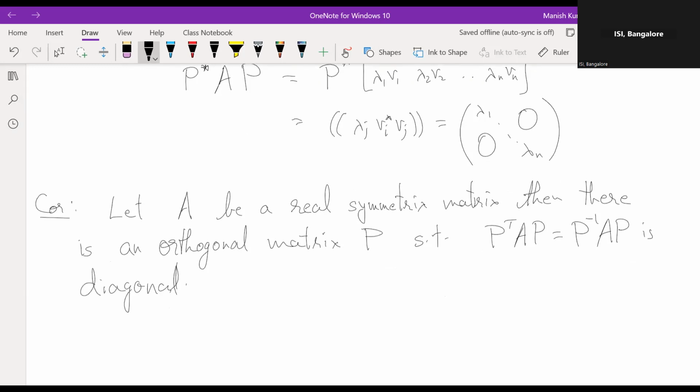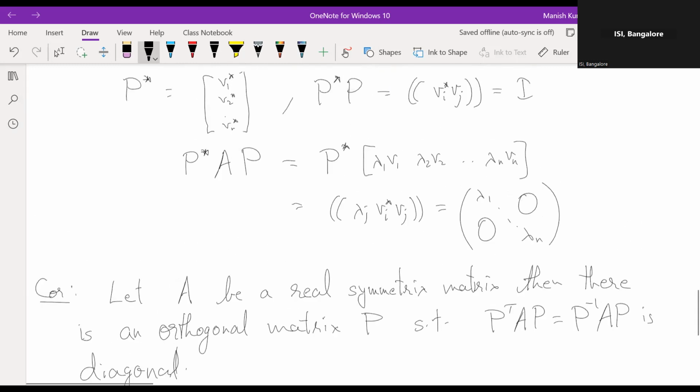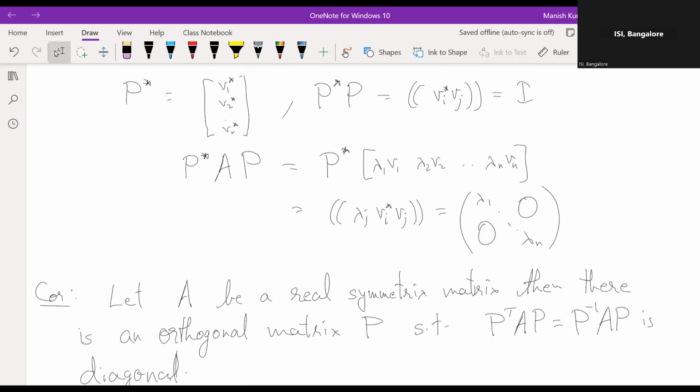So of course, the fact that there exists a unitary matrix with this property is obvious. It follows because a real symmetric matrix is automatically Hermitian, because conjugate doesn't do anything.